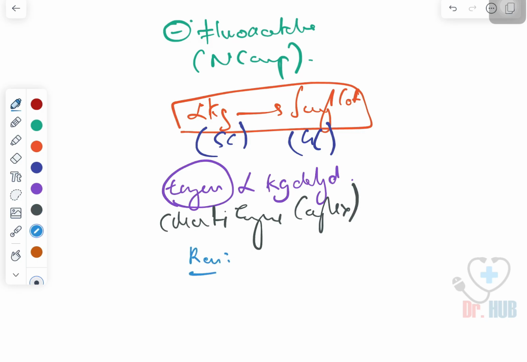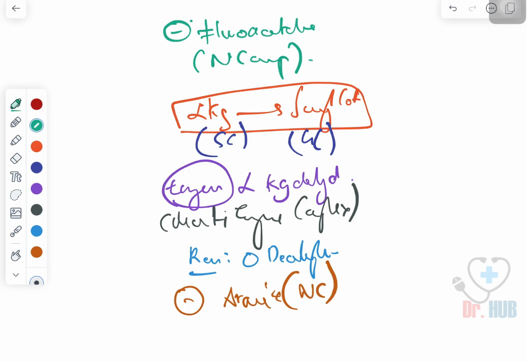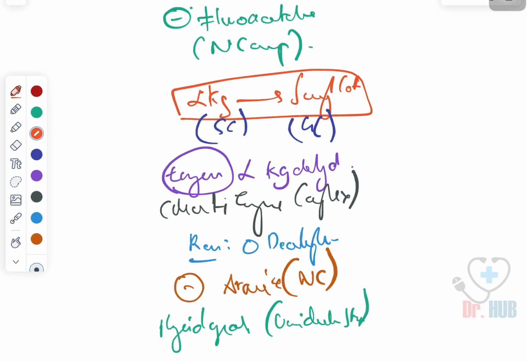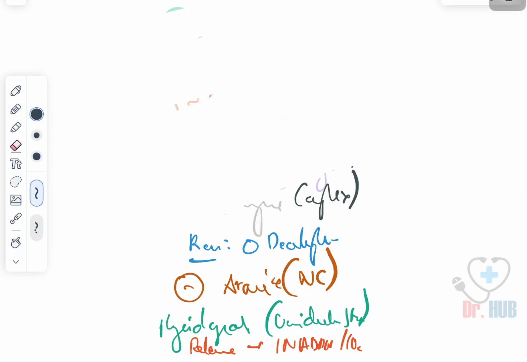The reaction is oxidative decarboxylation. The inhibition is by arsenite, which is non-competitive. Physiologically, it is a unidirectional step. There is release of 1 NADPH as well as carbon dioxide. So this was the second question.